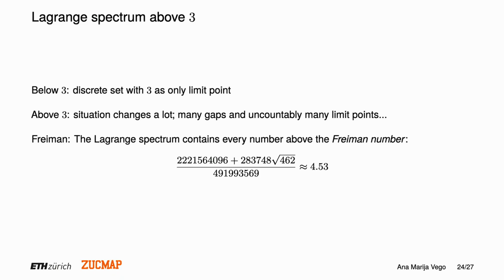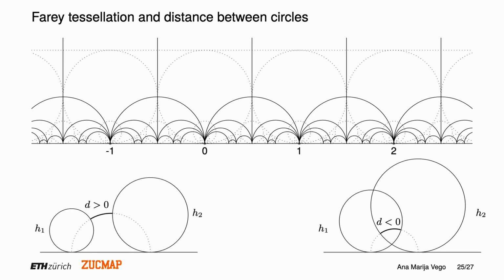So below 3 is discrete. Between 3 and this weird number, some weird stuff happens, and above it, it's just a continuous line. So, that's about the Lagrange spectrum above 3. Now, about the geometric proof of Markov's theorem.